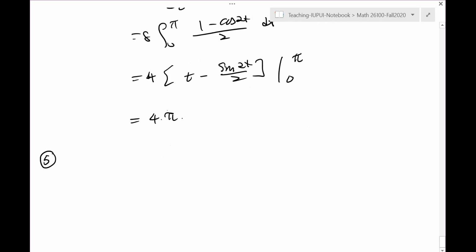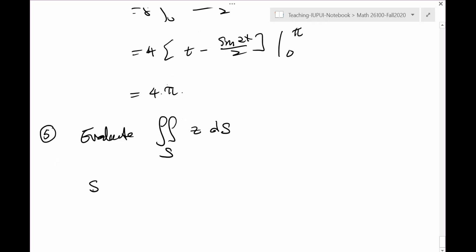I probably want to modify this problem. Okay. So I want to evaluate this surface integral of z dS. What is S?